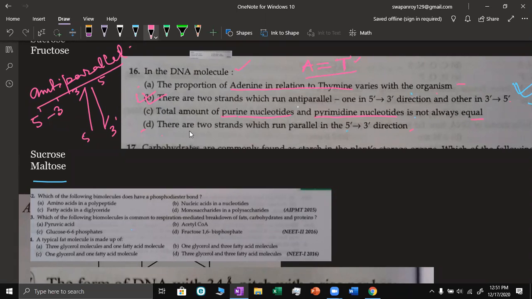And the total amount of purine and pyrimidine nucleotides is also always equal, because the pairing is always between purine and pyrimidine. So here it is written not always equal, but it will be always equal. And this one, it is not parallel, so this cannot be the same.